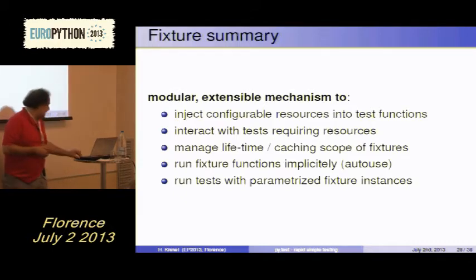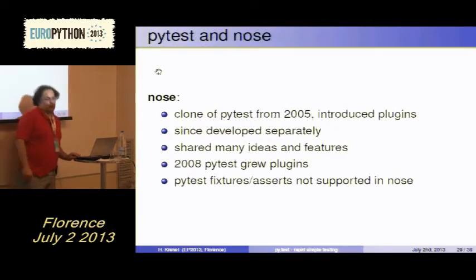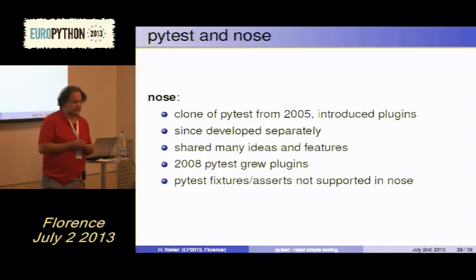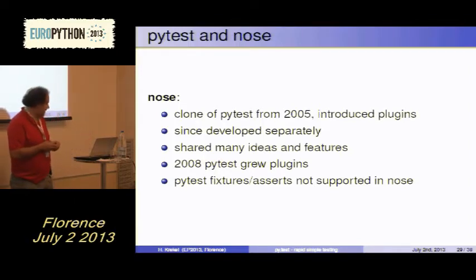So, nose, I guess many of you know. A few words about this. Nose was kind of a clone in terms of features in 2005. And very quickly, I think Jason Pellerin introduced plugins. So at that time, Nose was ahead of pytest in offering that.